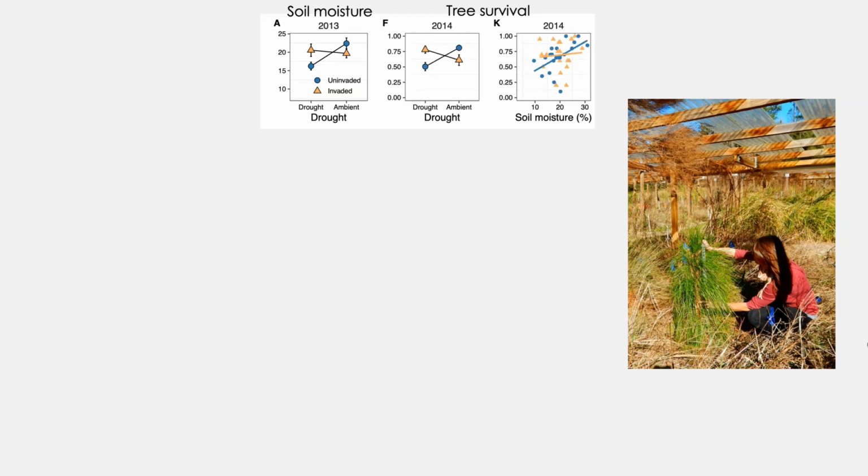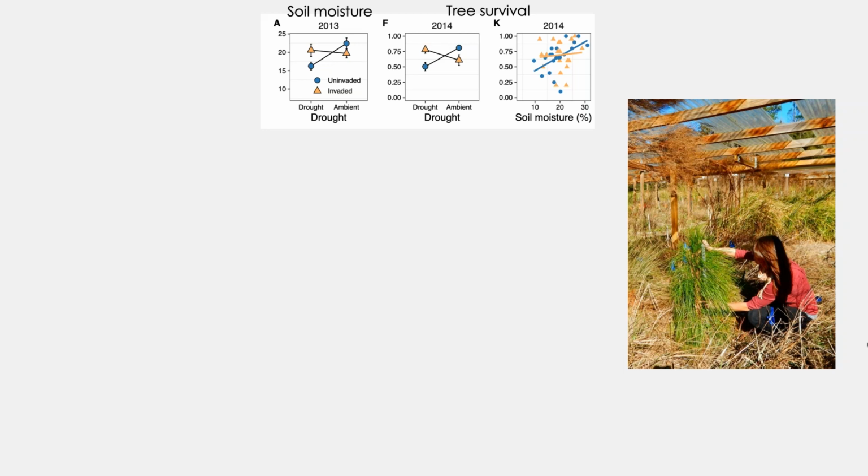Likewise, in response, native tree seedling, longleaf seedling survival matches that pattern exactly. So what you see here is that drought is bad for tree seedling survival, not surprising. Invasion is bad for tree seedling survival, but the combination of drought and invasion results in the identical amount of tree seedling survival as neither drought nor invasion.